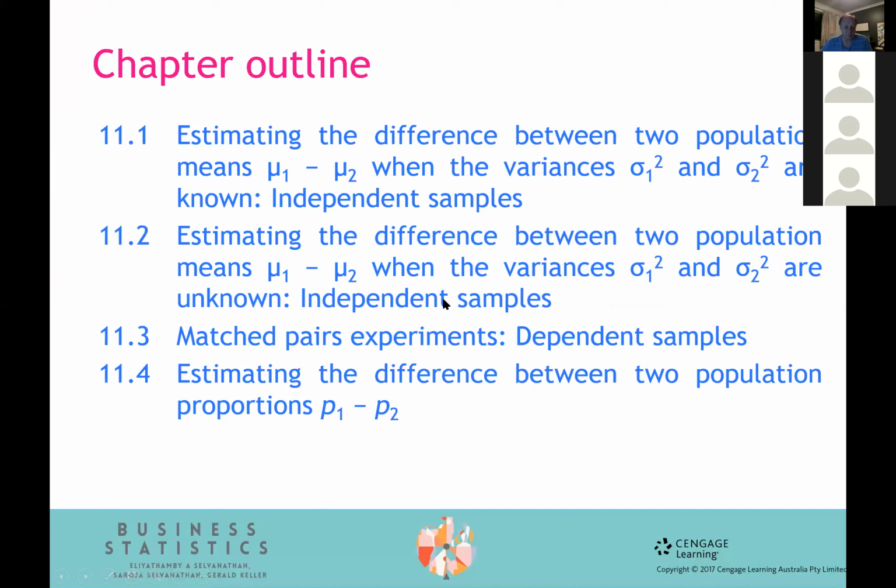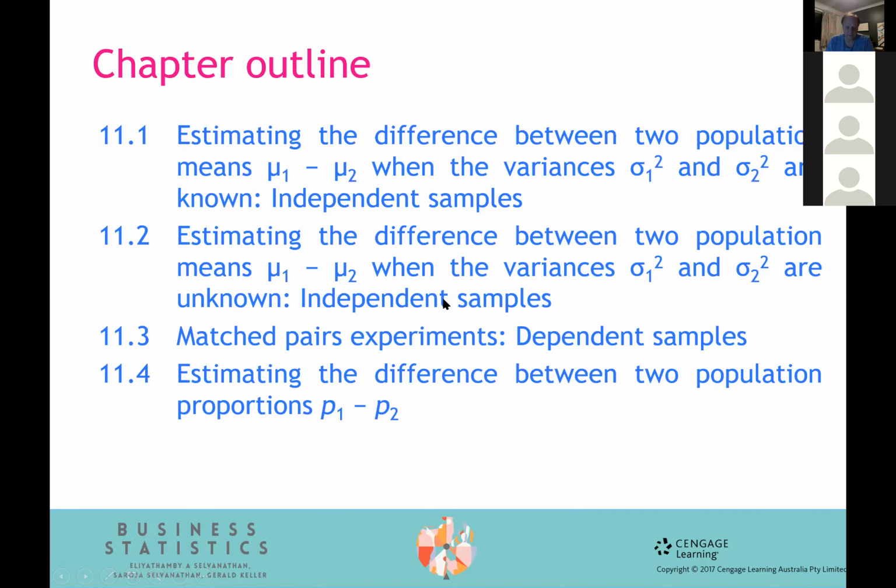If the 2 populations are the same, the difference will be 0. If the 2 populations are not the same, they will differ. And again, we can have confidence, so that we can give a confidence limit around this estimation that we have.